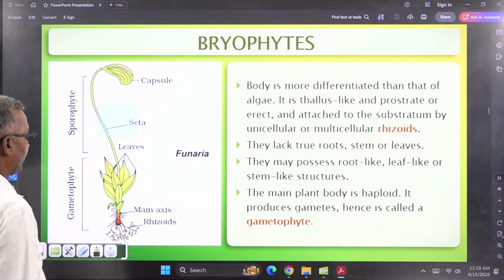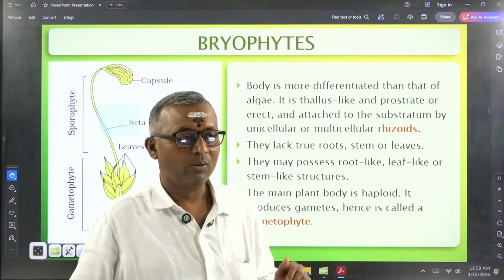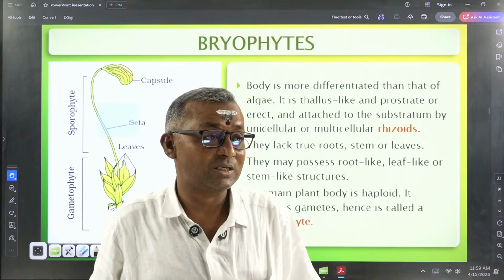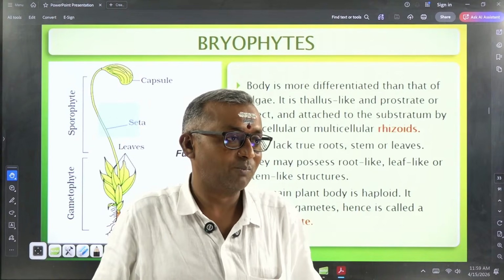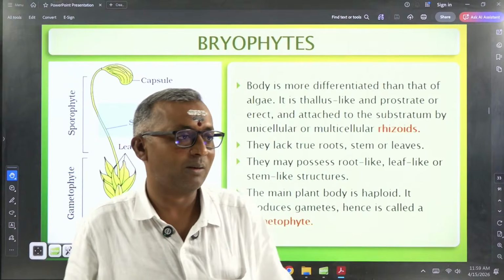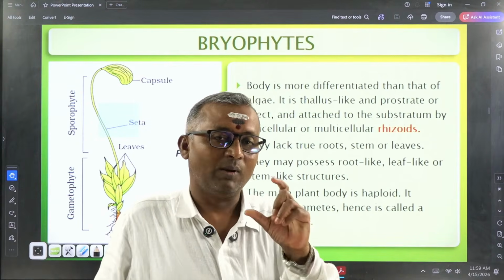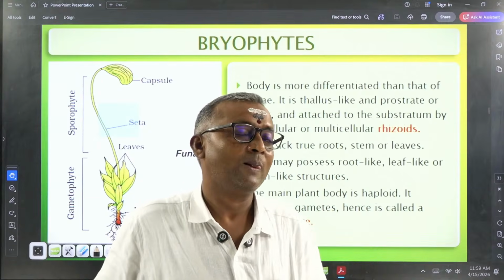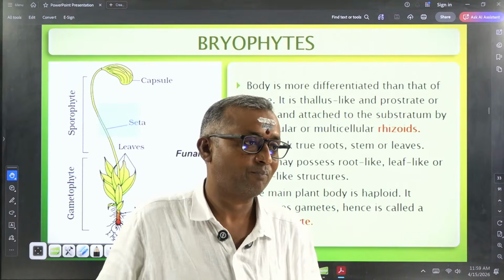Look at here carefully. I told you in the last class that in bryophytes, what is the relationship between gametophyte and sporophyte? Let me know how many are able to still remember about this gametophyte and sporophyte of bryophytes. I am repeating my question. What kind of relationship do the gametophyte and sporophyte of bryophytes have?